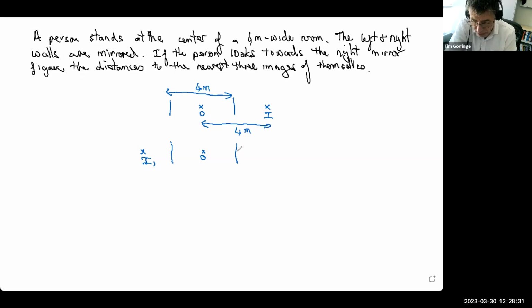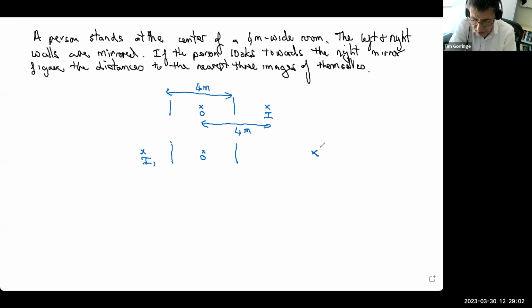Then the second reflection is that this image over here on the far left becomes an object for the second reflection in the right-hand mirror. The image of this object is going to be the same distance behind the mirror that this object is in front of the right-hand mirror. It's going to be somewhere over here.